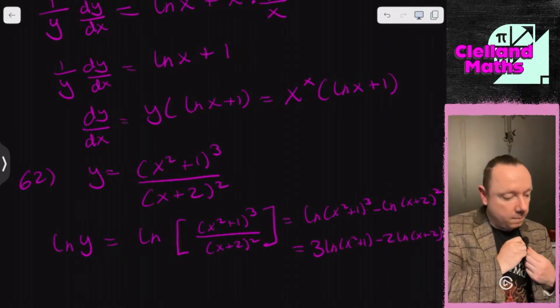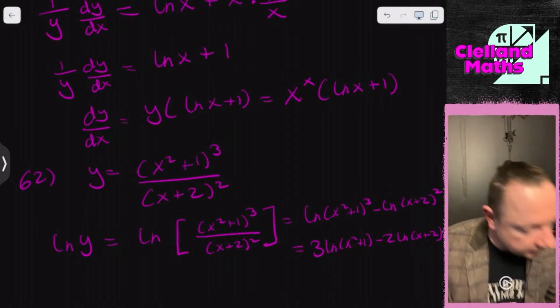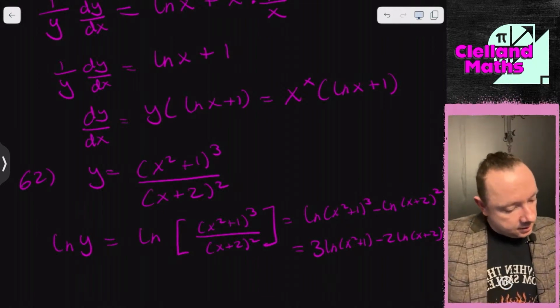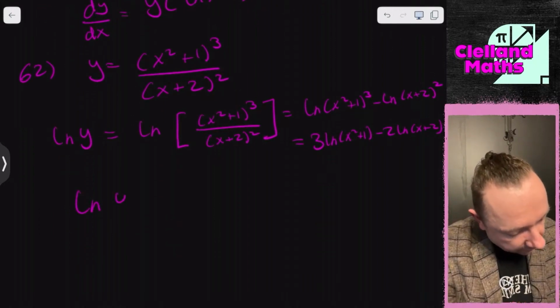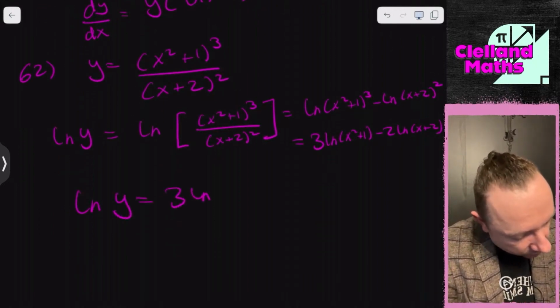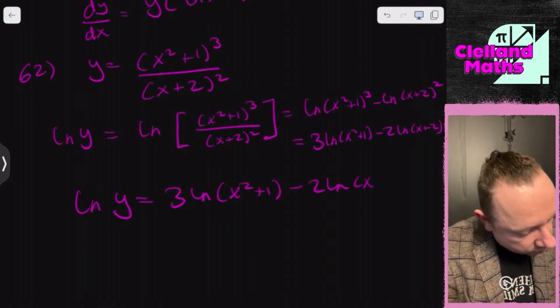Okay, we're back. So let's see what that's leaving us with. Log y equals 3 log (x squared plus 1) minus 2 log (x plus 2).